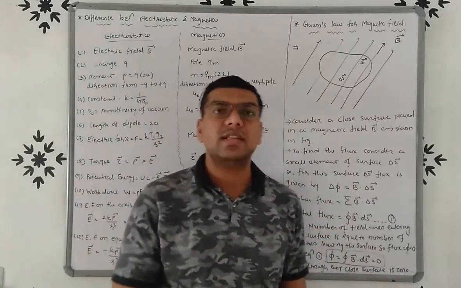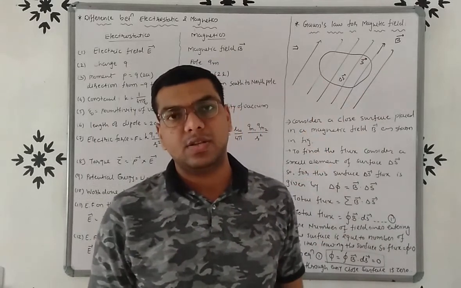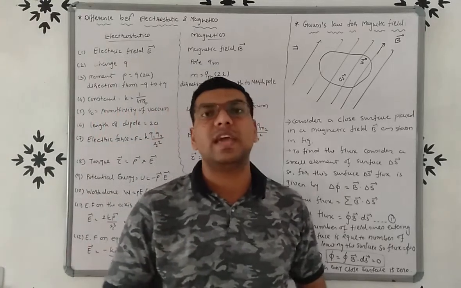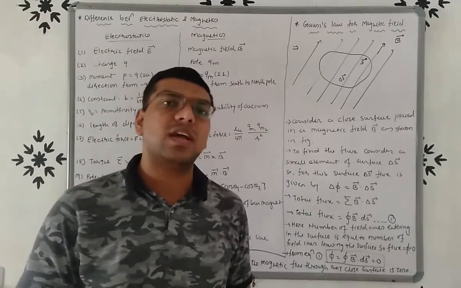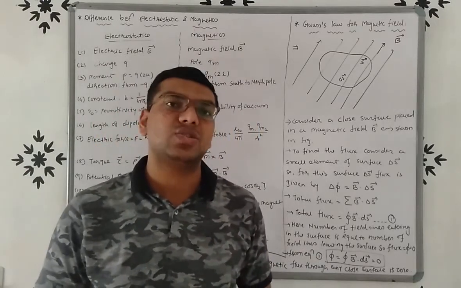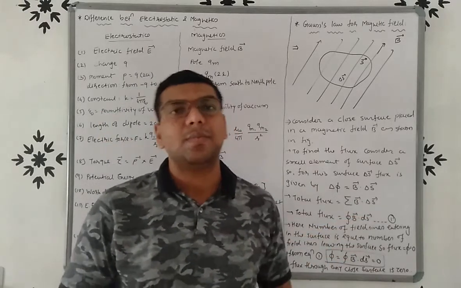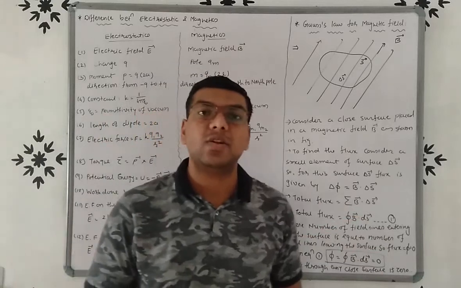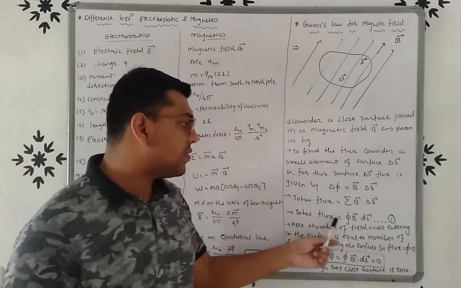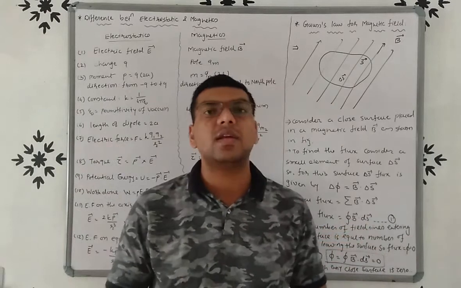But friends, here there is a small element of surface, so we have to take the limit. So the total flux is equals to limit delta S tends to 0 of the summation of vector B dot delta S. But the limit of this summation is equals to integration. So total flux is equals to closed integral vector B dot ds, that is equation number 1.